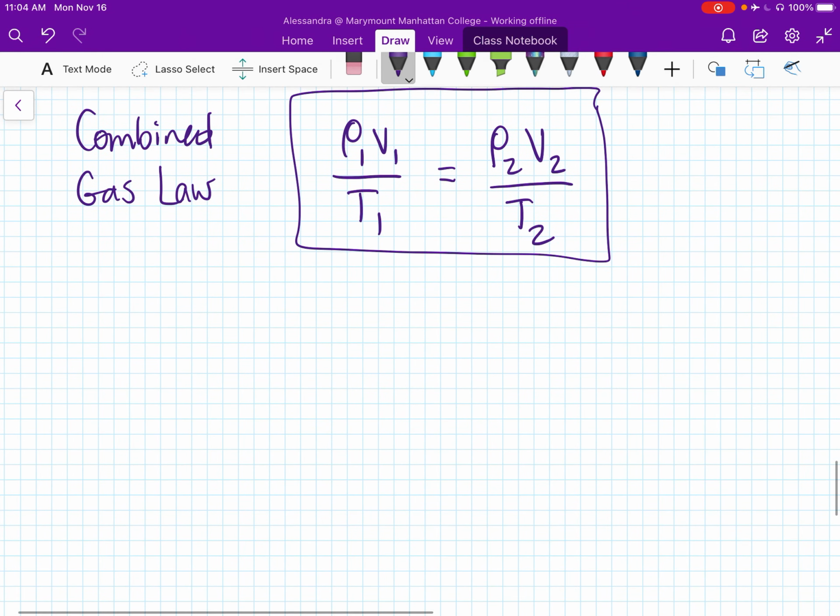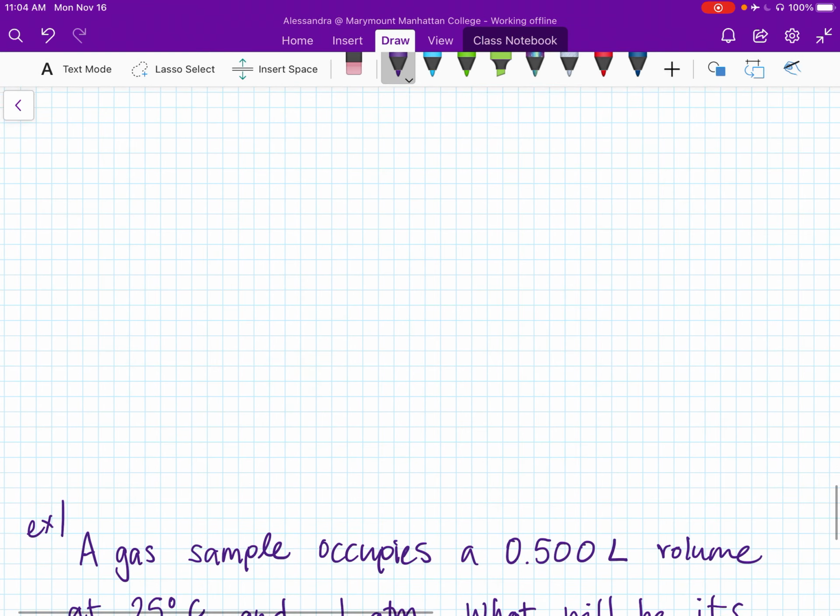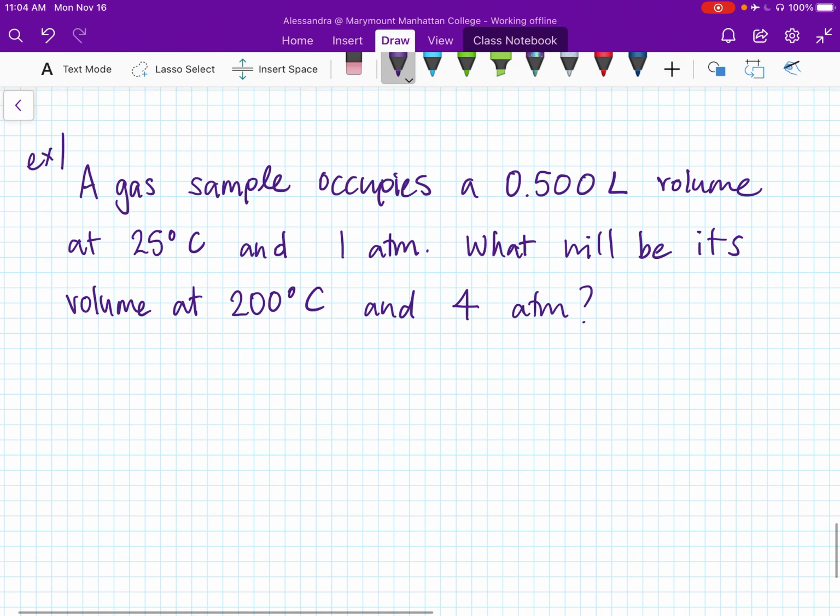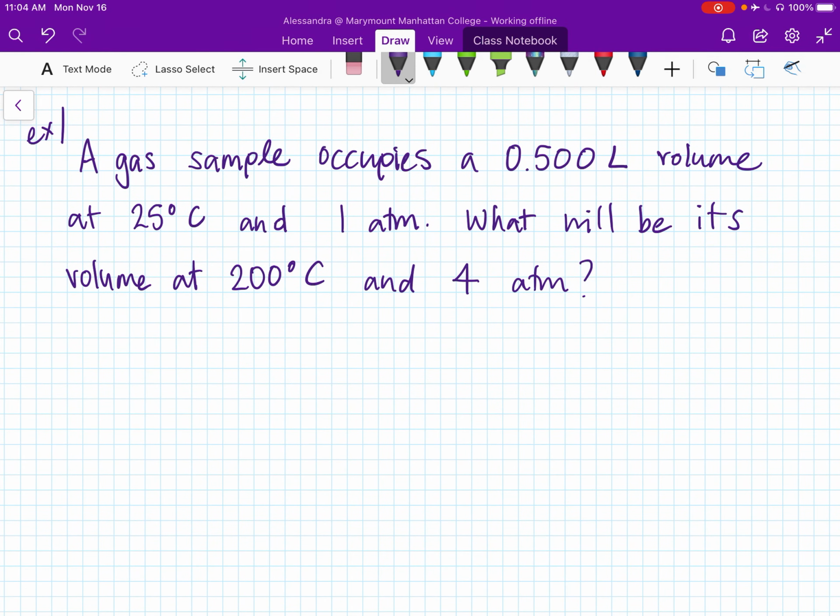We can do problems related to the combined gas law. For example, a gas sample occupies a 0.5 liter volume at 25 degrees Celsius in 1 atmosphere. What will be its volume at 200 degrees Celsius and 4 atmospheres? Okay, so let's assign all our variables. Let's figure out what we know.